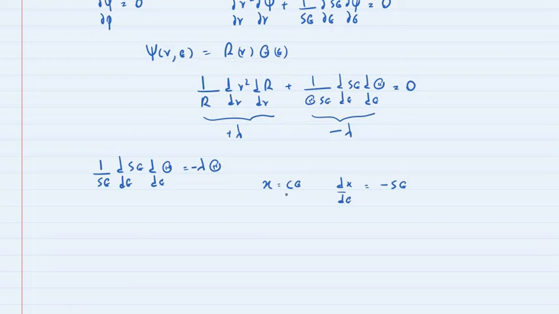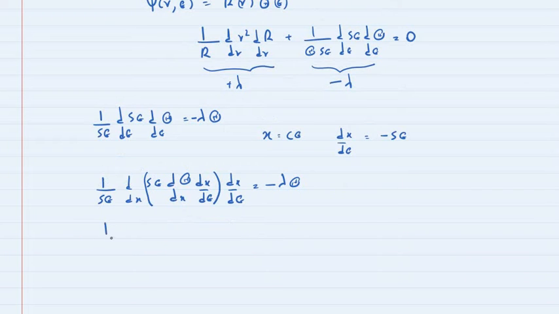Using this substitution, we can get a function of x from this differential equation, which becomes (1/sin θ) d/dx (sin θ dΘ/dx dx/dθ) multiplied by dx/dθ, which is equal to -λΘ.